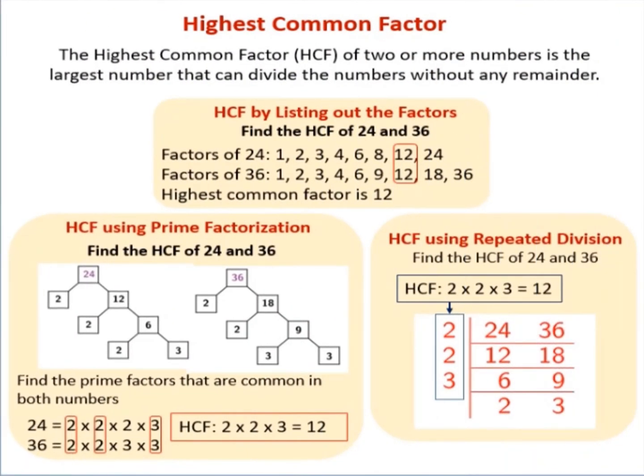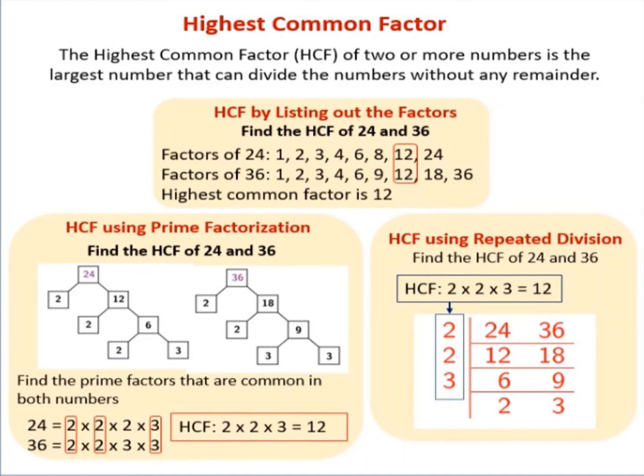Now we are again with the next example, the next number to find out the highest common factor. You can see what we have done first. We have listed out the factors of number 24 and factors of number 36. Then we have circled the common factors.